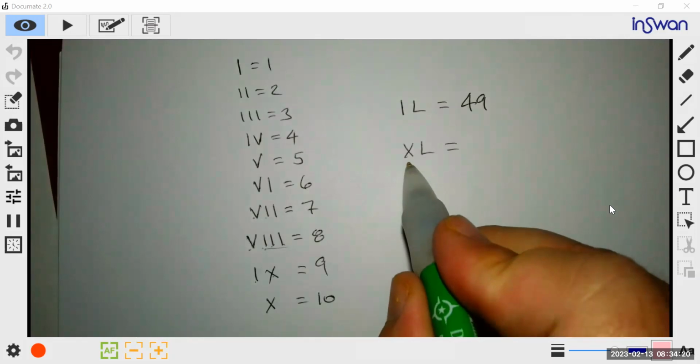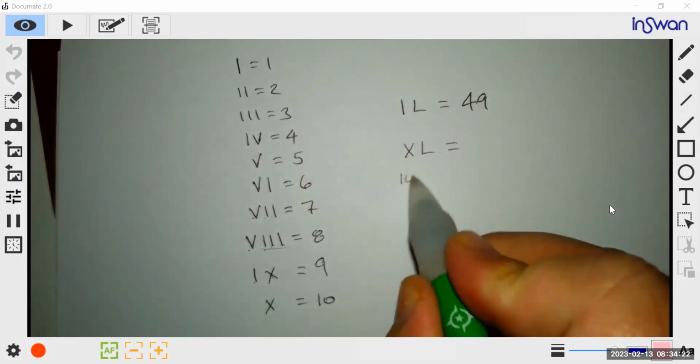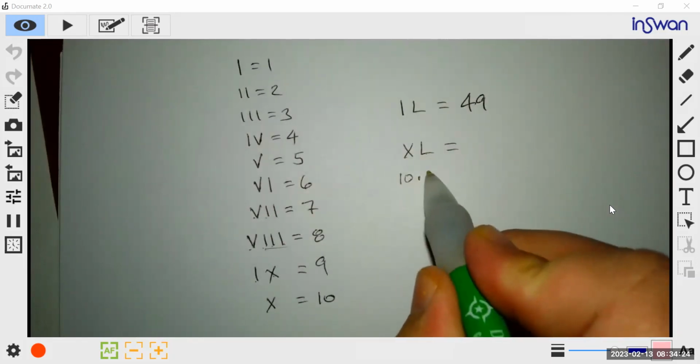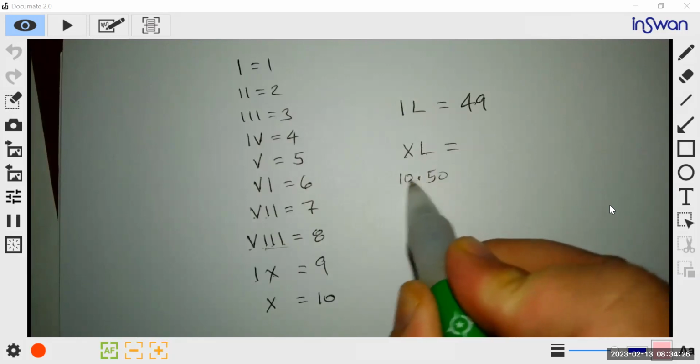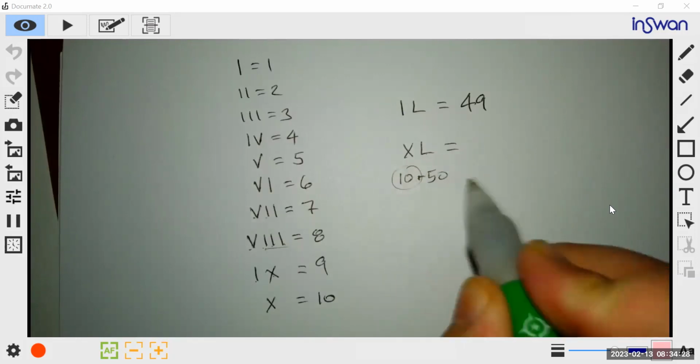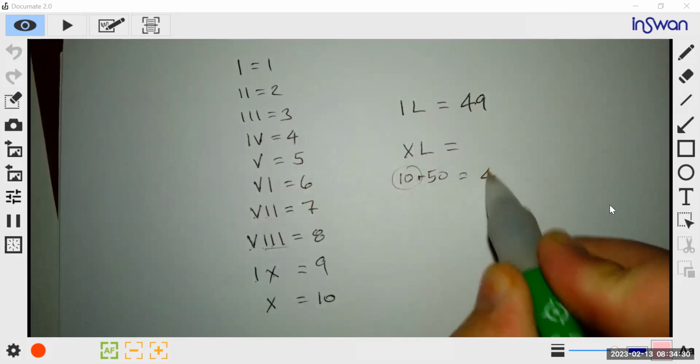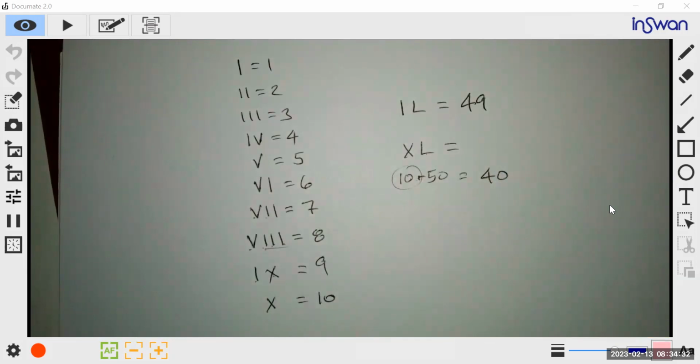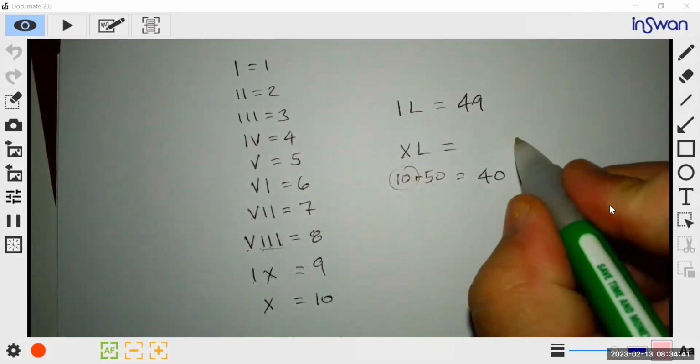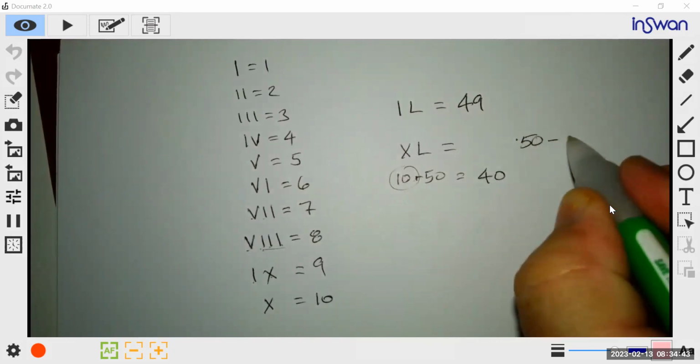What does X represent? That's 10. L is 50. So the smaller number in front, I subtract. 50 minus 10 is 40. So if the smaller number is in front, you subtract that value from the bigger number. So this is actually 50 minus 10.